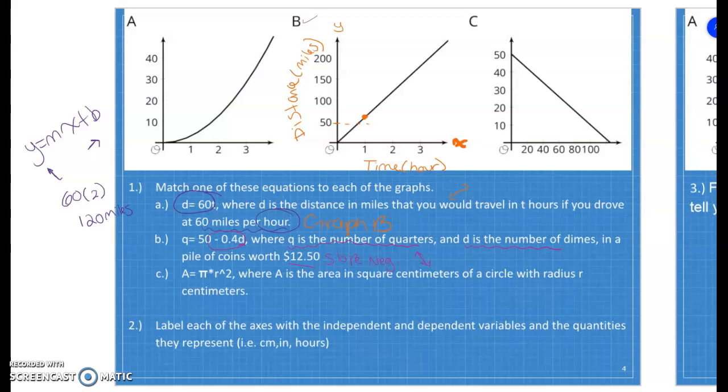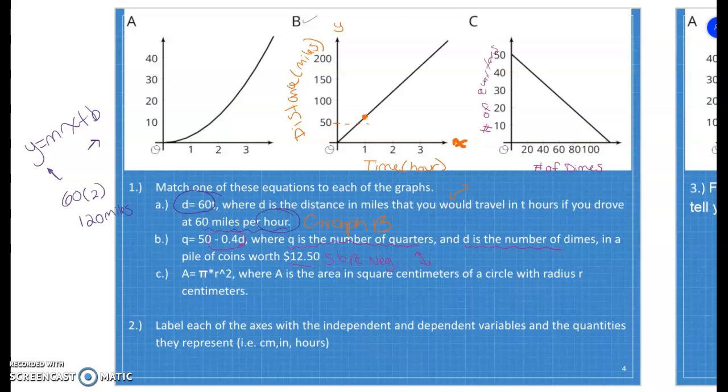And here's why. Our x-axis is going to be D for dimes, so the number of dimes. The reason it's D is because it's in our equation: we're multiplying it by a number in order to get the number of quarters, Q, that we need. So our y-axis is going to be the number of quarters.